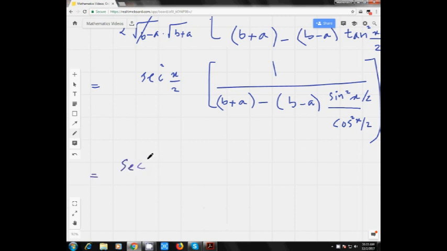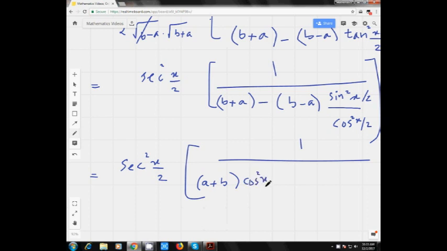Secant square x by 2 multiplied by 1 divided by, apply the LCM method here, you get a plus b or b plus a cos square x by 2 minus b minus a sine square x by 2, and whole is divided by cos square x by 2.